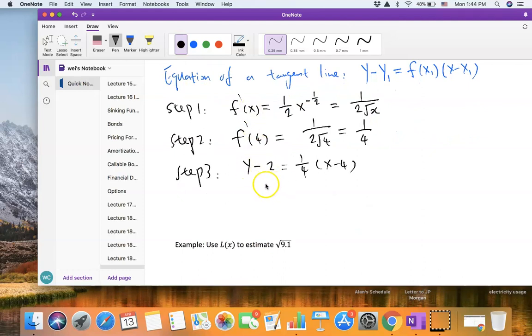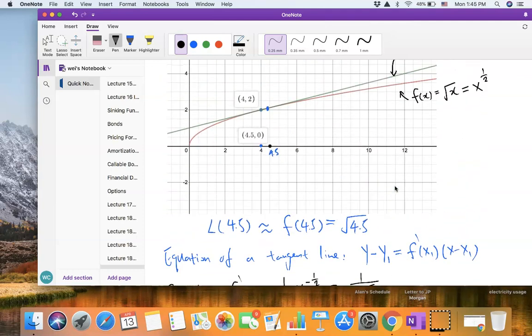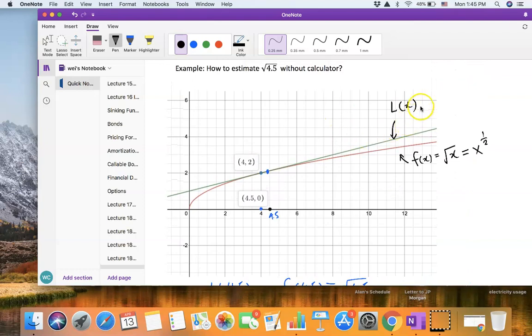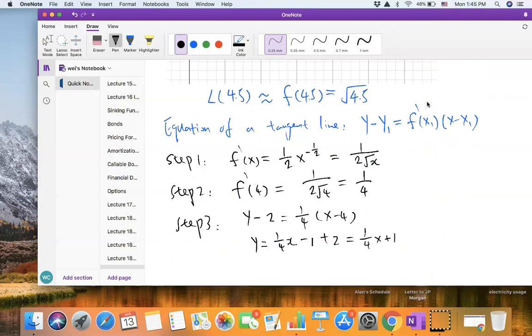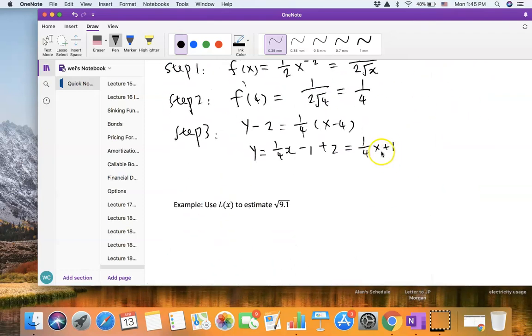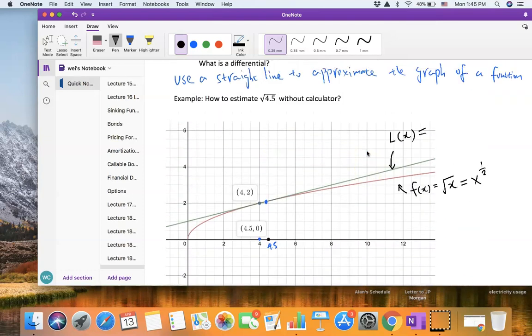Let's simplify this equation a little bit, so we get y equals 1 over 4 x minus 1 plus 2. So we find the function L(x) is 1 over 4 x plus 1.